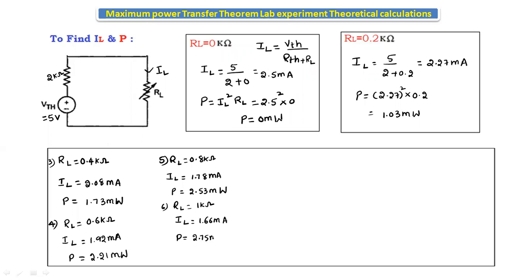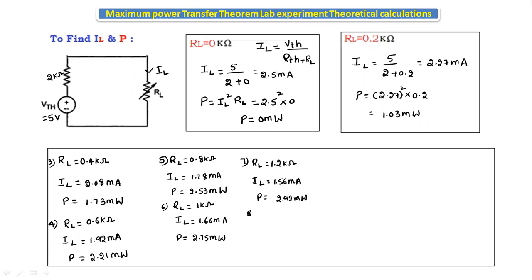Now for the seventh one, I am taking RL is equal to 1.2 kilo ohm. We will get IL is equal to 1.56 milliamps, and the power P we will get is 2.92 milliwatts.